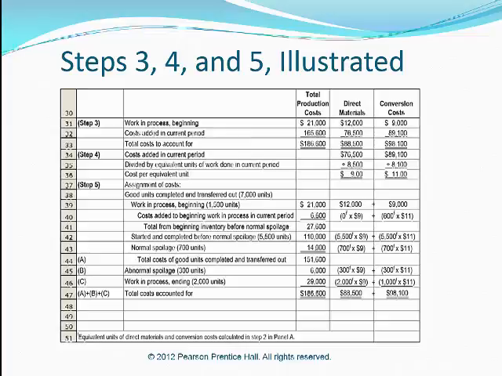Recall that we have a total of 7,000 units that are completed and transferred out. 1,500 of those are considered our first in, first out units, and we're going to take care of those first by doing two things. First, we're going to get the cost that came with them from the prior period, 12,000 and 9,000, and plot them in, total them up. It is 21,000.